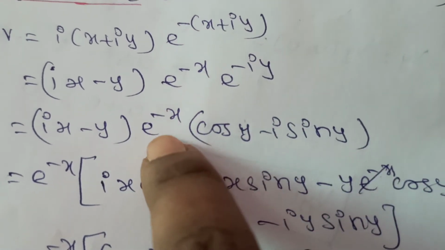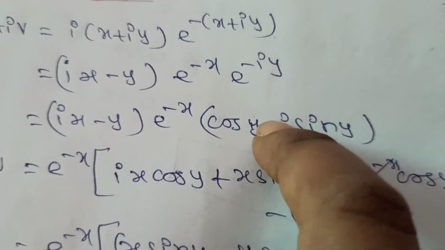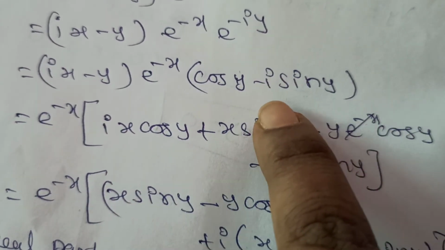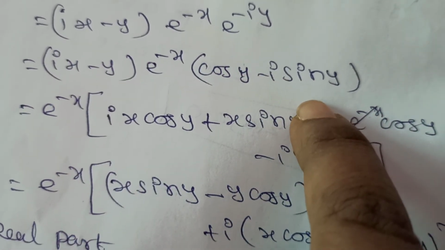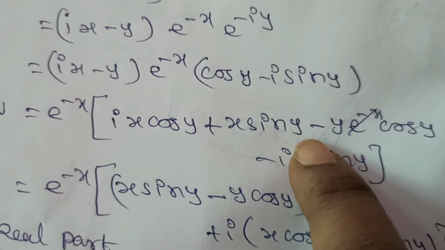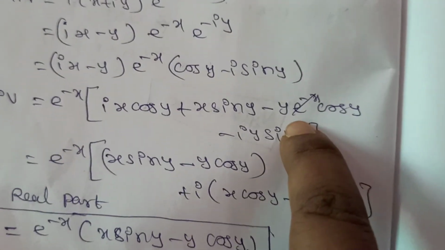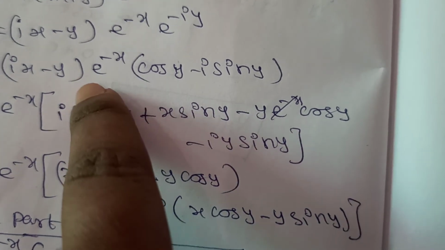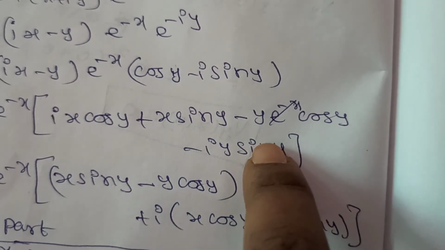So take e power minus x outside. Next, multiply these two. First, multiply ix inside: ix into cos y, plus minus minus I square into I square, already having the minus, minus into minus is plus, x into sin y. Next, multiplying y: minus y cos y, minus into minus plus y sin y, plus I into sin y.